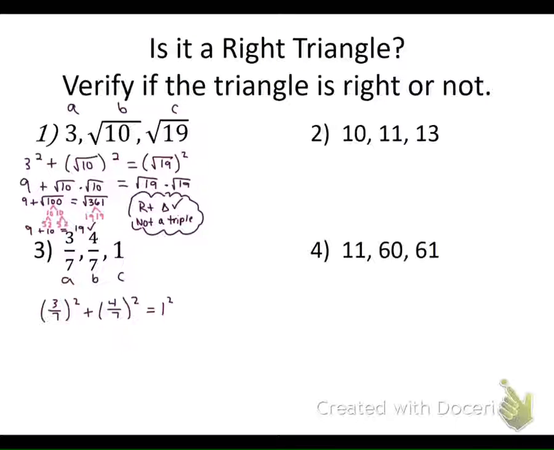If we think about this, this is 3/7 times 3/7. So you multiply the numerators together, and you multiply the denominators together. So that's 9 over 49 plus 16 over 49 equals 1.